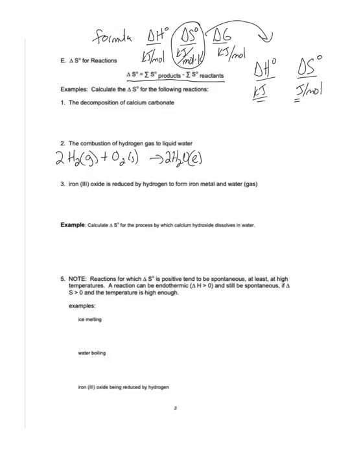Now when we use this equation for delta S up above, we always make sure we have to do the products first, the reactants second. It is state dependent, so when you look at your table of values on the tables that I've supplied you, make sure you're looking at liquid water and not gaseous water.